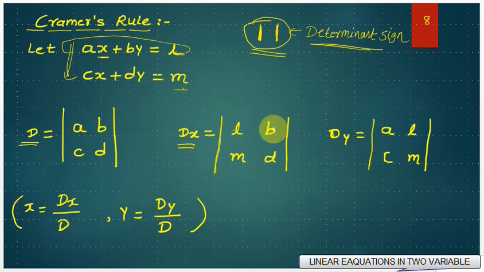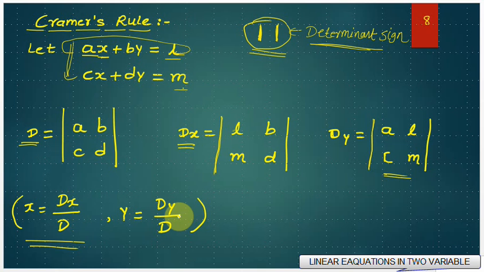Now Dy: for y, take a, then again the left hand side l, so a, l, c, m. Now x = Dx / D and y = Dy / D.